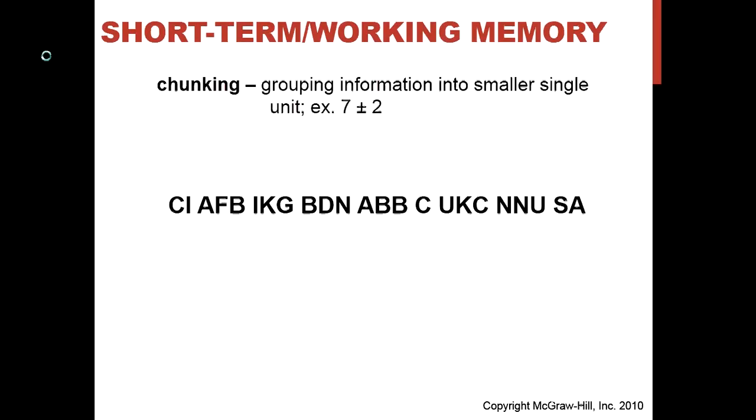You can actually chunk them differently to remember them better by chunking them into CIA, FBI, KGB, DNA, BBC, UK, CNN, and USA. If they were chunked in that way, you would probably remember more of those letters as opposed to the way that they're chunked now.